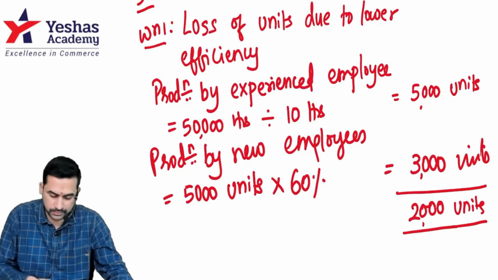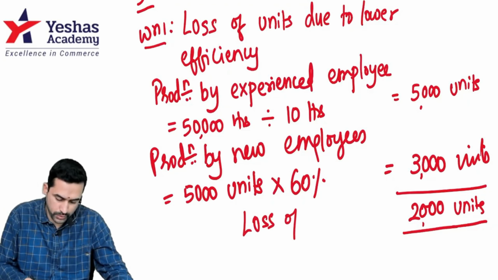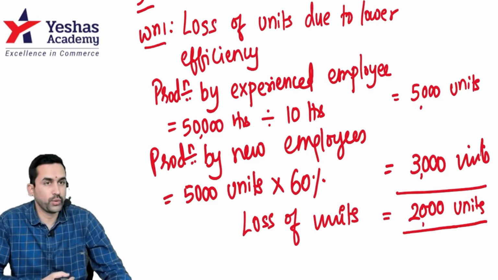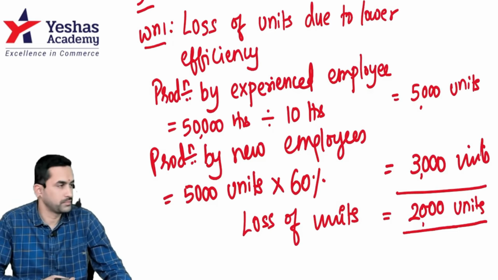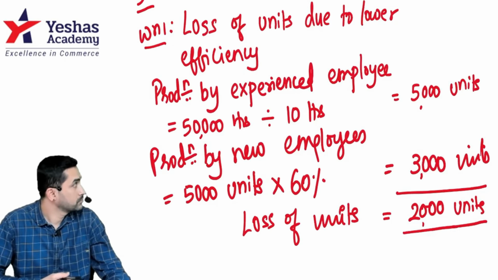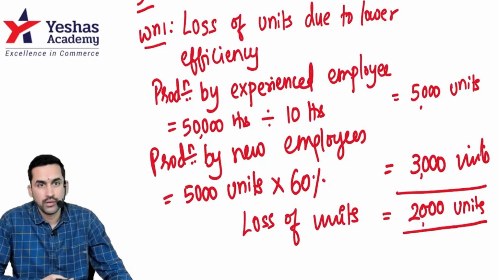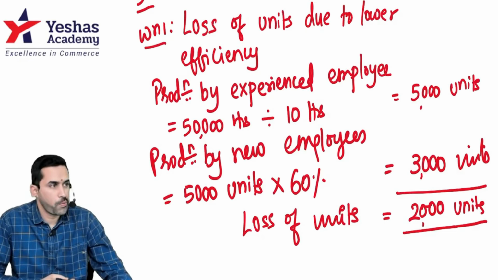The difference is the loss of units. I'm doing only units now, not rupees. It's not that the entire training period was a waste. They produced 3,000, but still not up to the mark. So we are considering the difference.